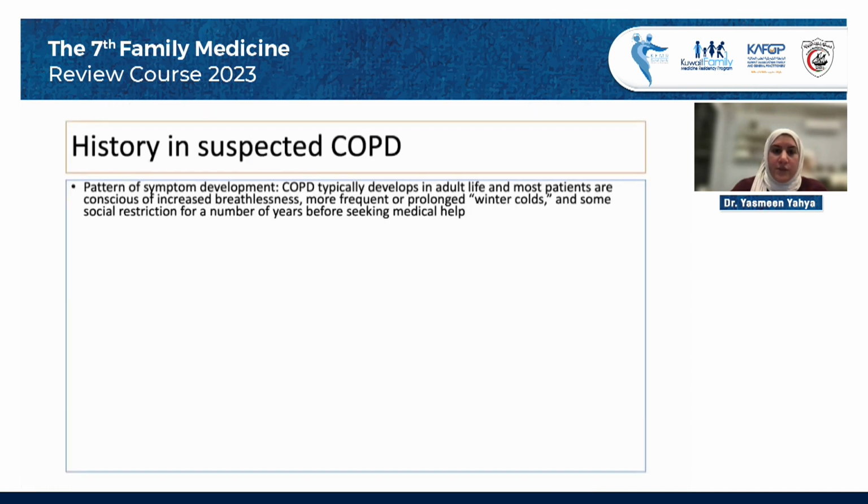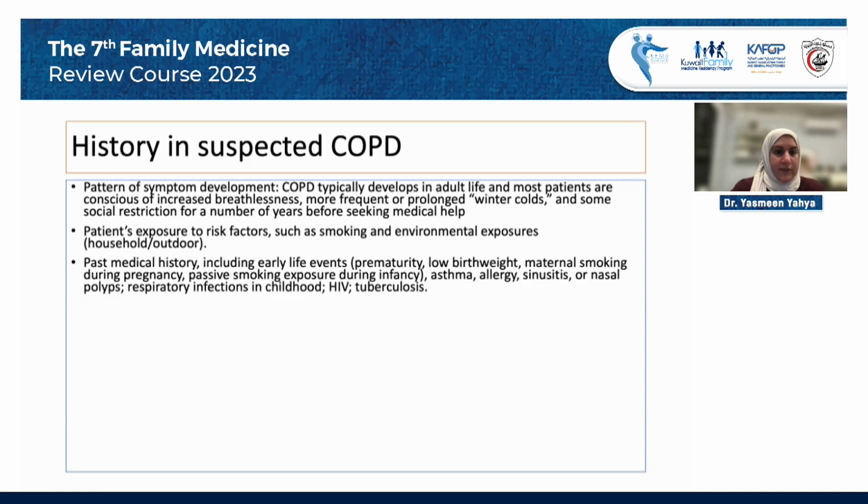So the history, what are the important aspects if you are suspecting a patient with COPD? Of course, you need to ask about the pattern of symptom development. Usually the patient will tell you that for a long time he has been having cough with increasing breathlessness and or prolonged winter colds. Patient's exposure to risk factors.